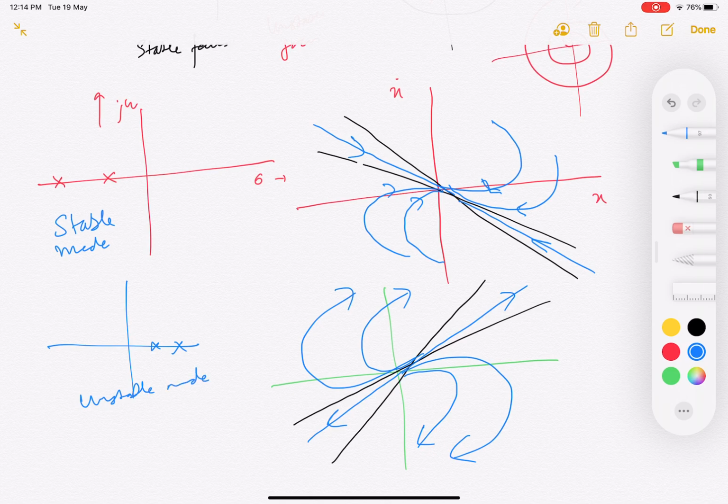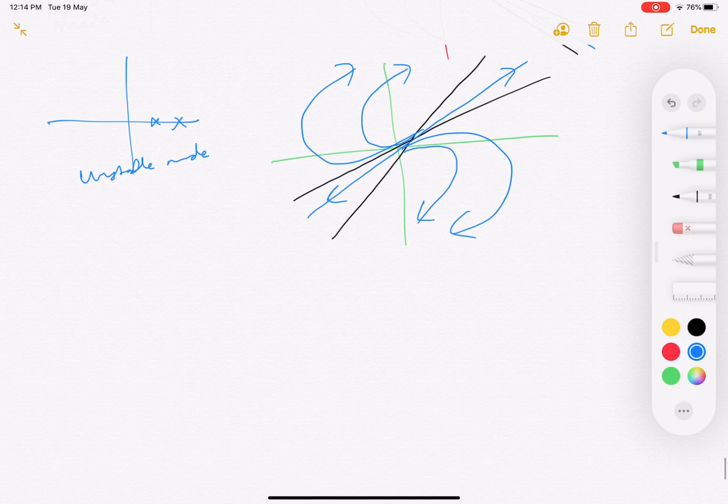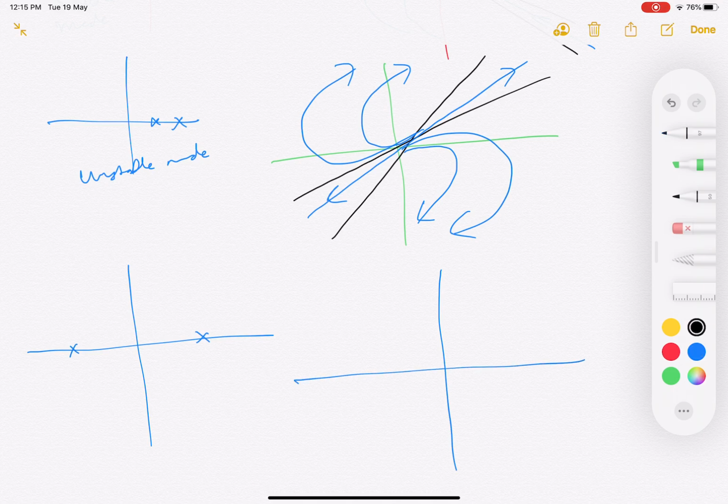And you can also have for linear systems the saddle point. The saddle point would be when you have one pole on the left hand side, one pole on the right hand side. You're going to have something like this.